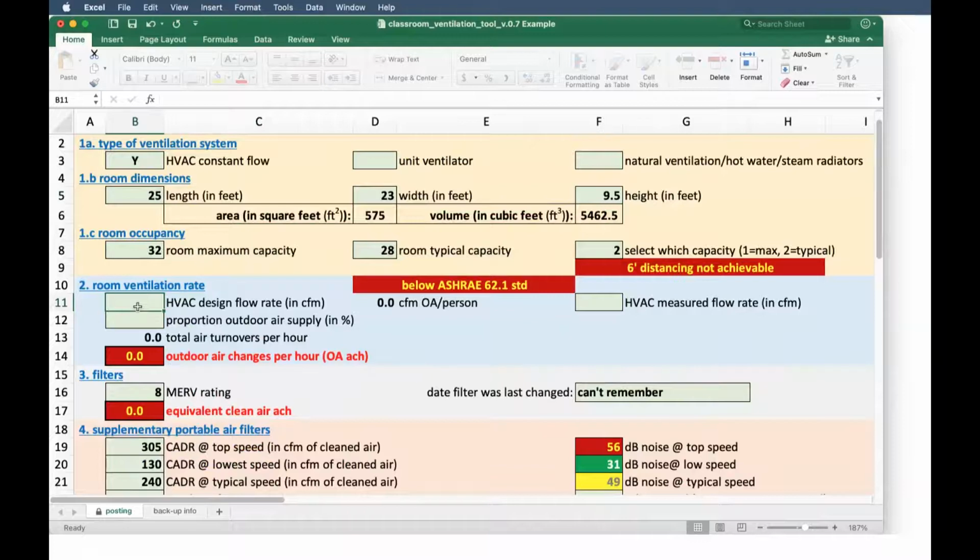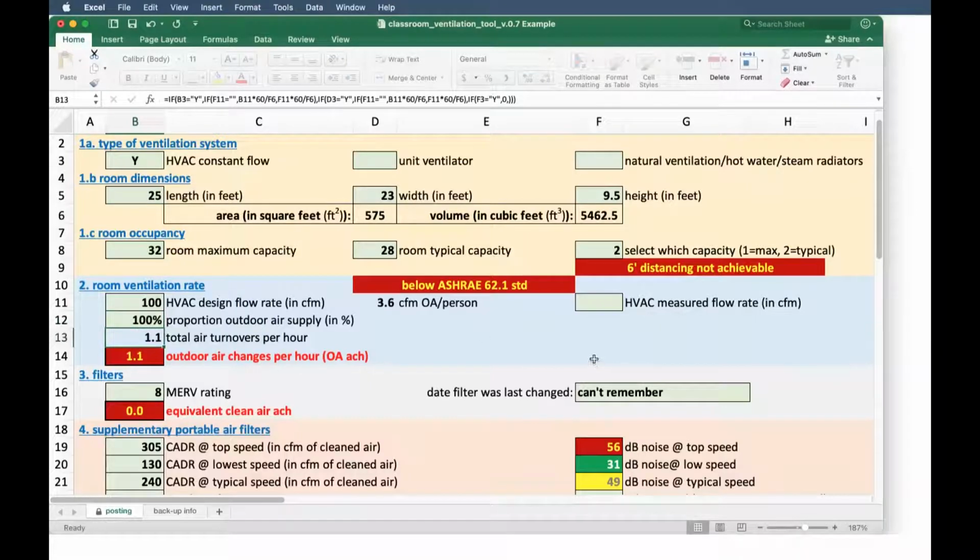If we work that out, natural ventilation at 0.2 air changes per hour will probably give you, let's say, 100 CFM. Put it in design flow, because the method doesn't work. And then put proportion of outdoor air at 100%, because it will all be outdoor air.